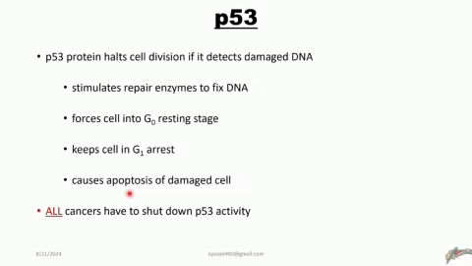So that's why in most types of cancers, it's noted that this p53 protein is not there because of mutation of the gene responsible for coding for it. If it's not there, a lot of errors can be left uncorrected, and that can lead to cancers.